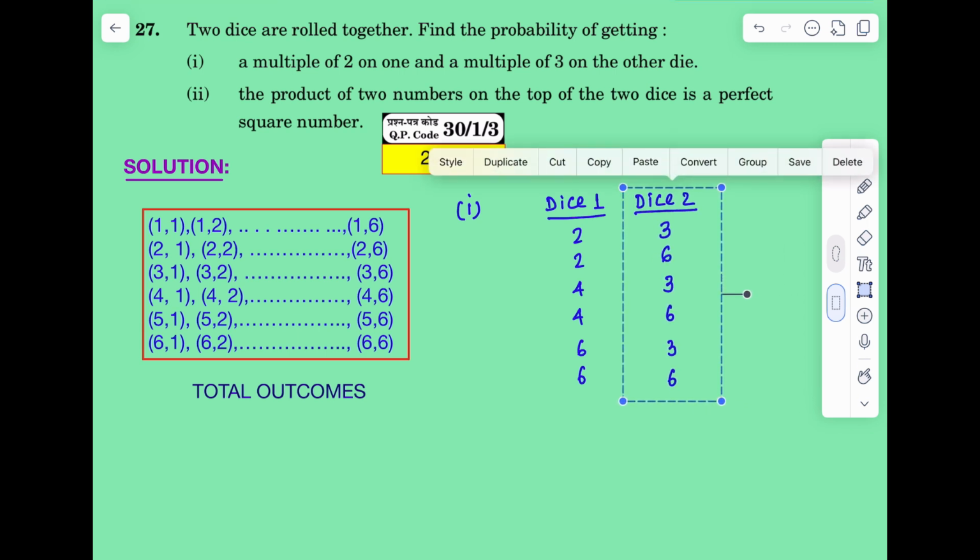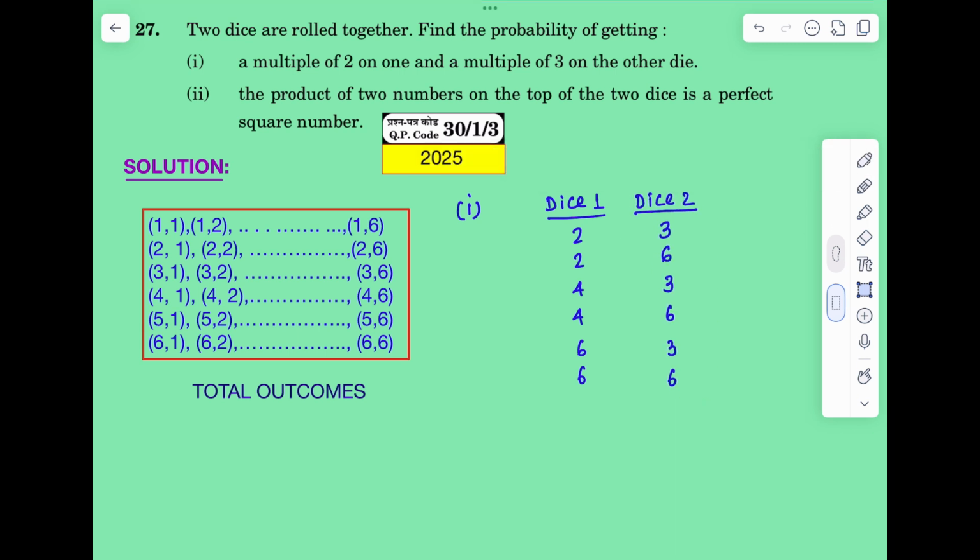Reversely, we can say that on dice 1 it will be a multiple of 3, and on dice 2 it will be a multiple of 2. Then we can write this as: suppose on dice 1, a multiple of 3 is coming, that means 3, 2, 3, 4, 3, 6.